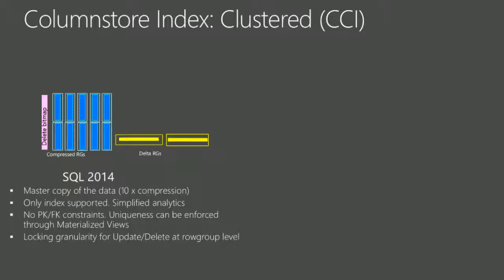We talked about that the locking granularity in the cluster column store index 2014 was at the row group level. Notice it is not at the insert, because insert is a common operation, but when you do updates or deletes, we take a lock at the row group level. Now you could argue in the data warehouse you do not do updates and deletes that much, right?